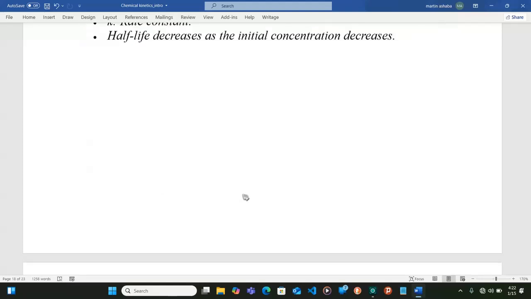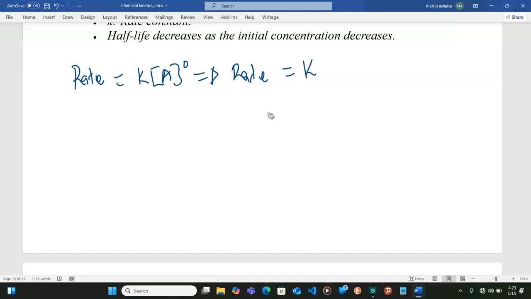So if we consider the rate, let the rate equal k[A]^0, and obviously this gives us a rate equal to k, and that is a zero-order reaction. So for zero-order reactions, the rate will always be equivalent to k.